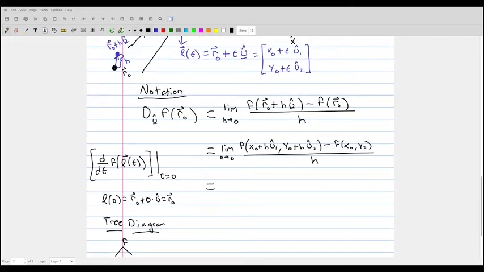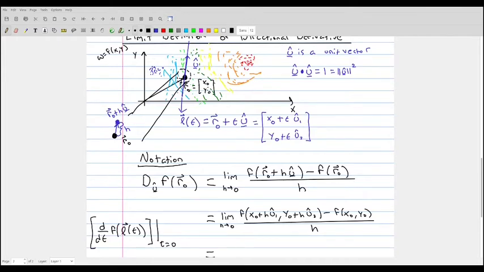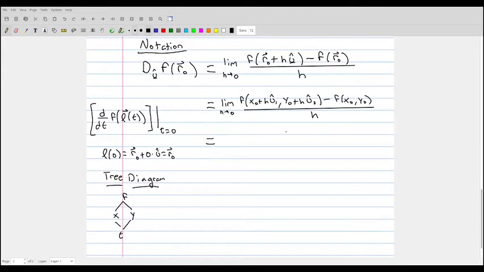But because this expression is the normal single variable derivative of the composition of this function with the line L of t, this limit is the same thing as the single variable derivative of the composition f of x naught plus u1 hat times t, y naught plus u2 hat times t, evaluated at t equals 0.